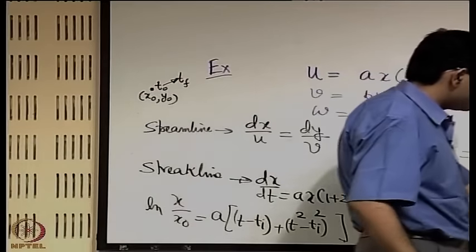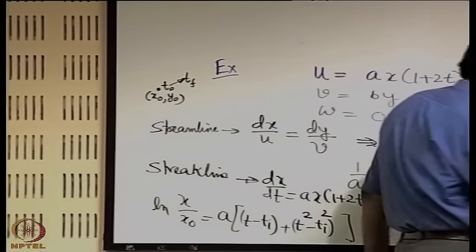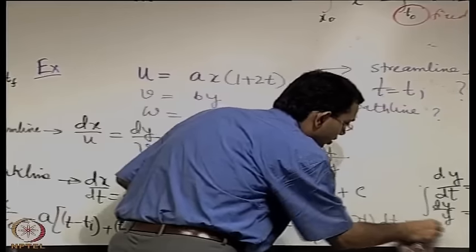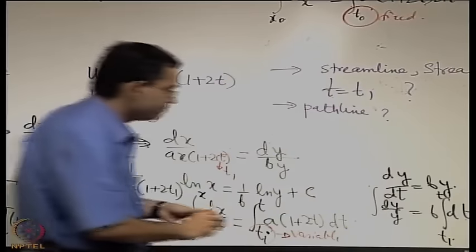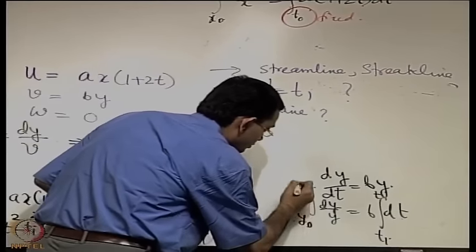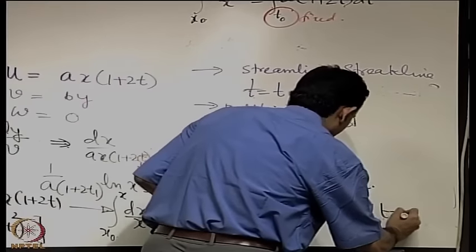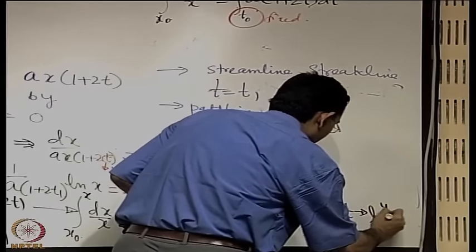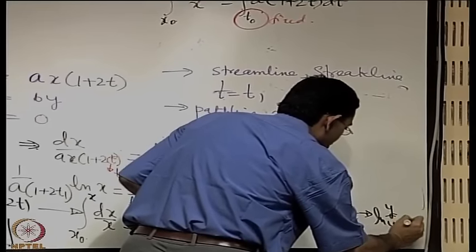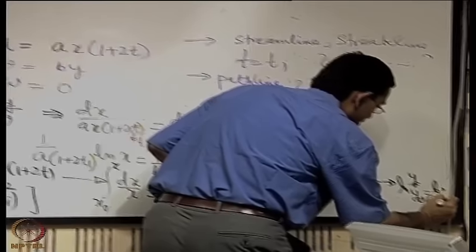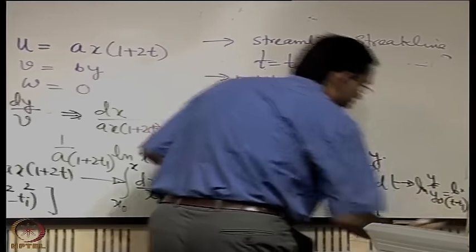So when you do this, this will be not x but y, these limits are y naught to y. That will give you ln of y by y naught is equal to b into t minus ti.